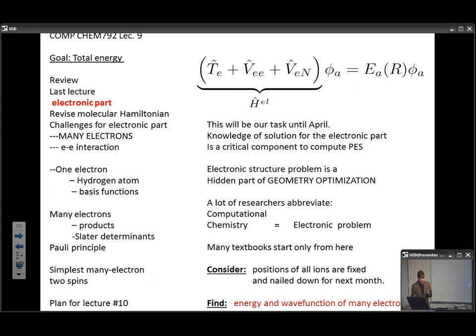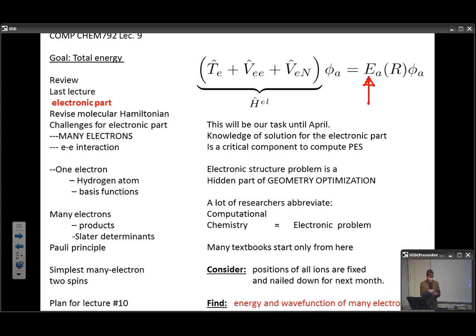As soon as we solve this equation, we have a positive outcome. We have an energy of the electronic subsystem, which here comes up as an eigenstate. But this part is naturally entering the geometry optimization. So now we appreciate what it is and why we need it.